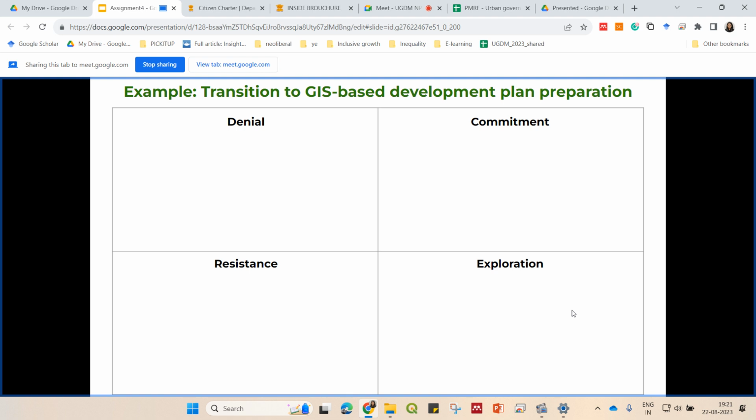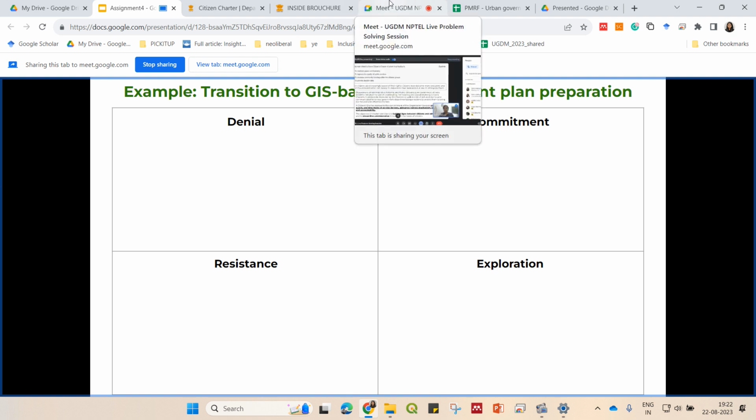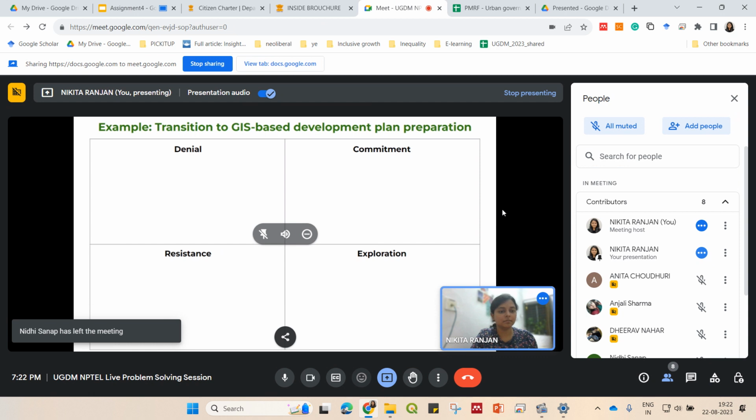And then, similar to what we discussed, you would have four stages. The first would be denial, then resistance by your team members, then exploration, and then commitment. So how will you navigate each of these four stages? We will start with the first stage, which is denial. Anyone can answer.